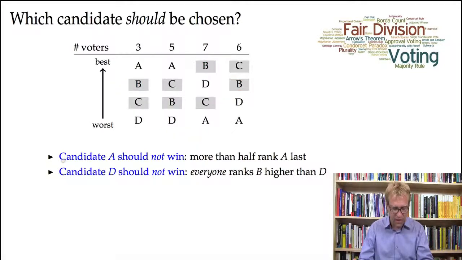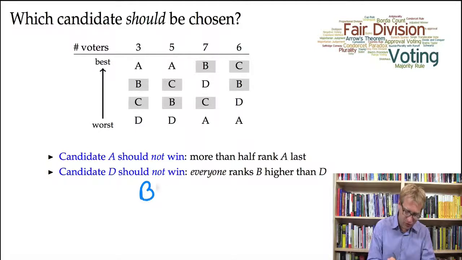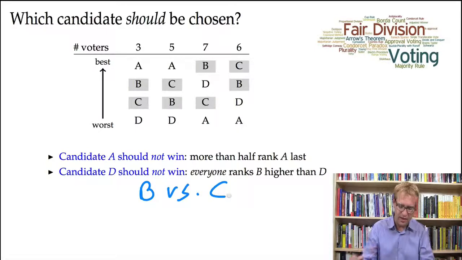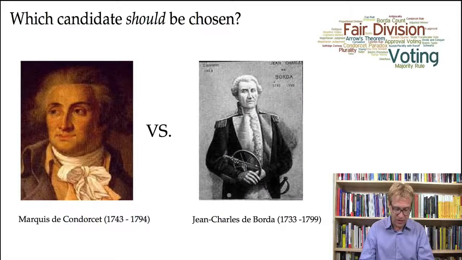Okay, so that leaves us with candidates B and C. Which of B versus C, Bob versus Charles, should actually win the election? Well, the debate goes back to the 18th century between the two founding fathers of modern voting theory, the Marquis de Condorcet and Jean-Charles de Borda.